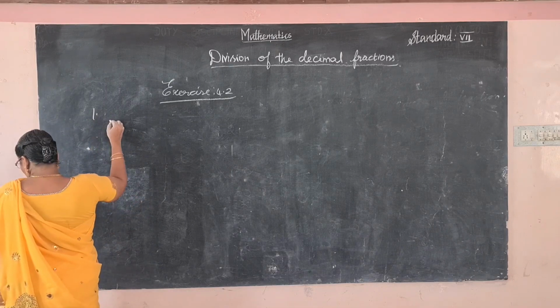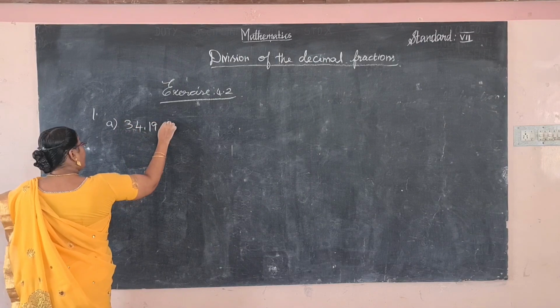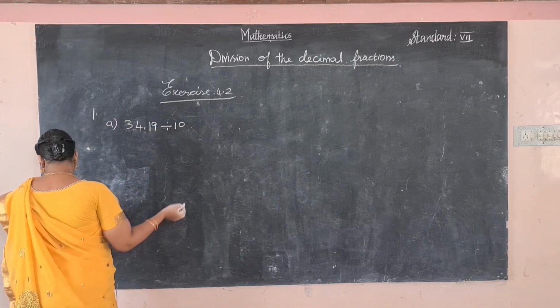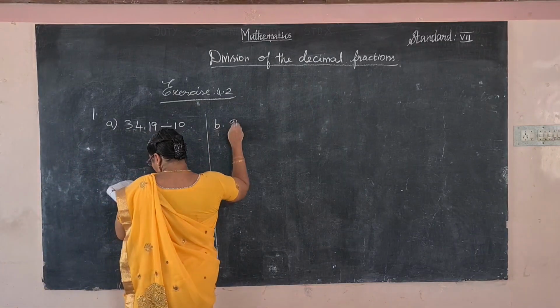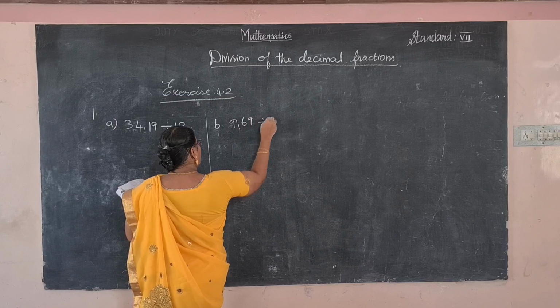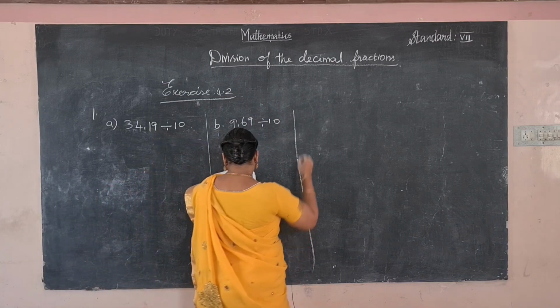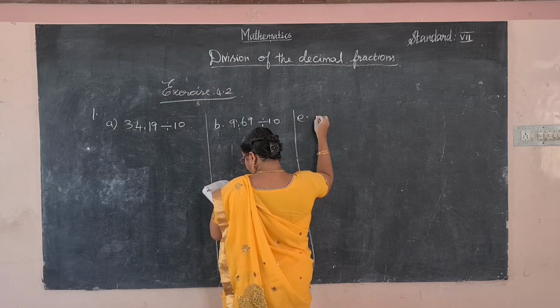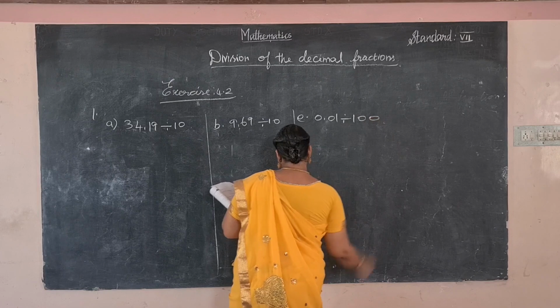Okay, see the first problem, 34.19 divided by 10. Okay, that is the first one. B problem, 9.69 divided by 10. C and D are homework. Okay, and next E problem, 0.01 divided by 100.